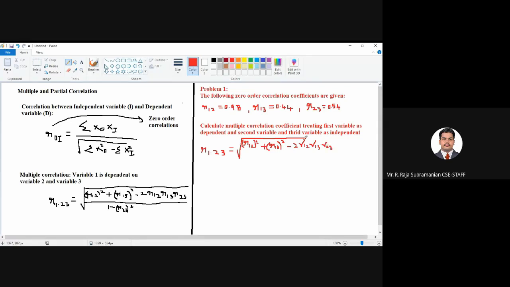Have these formulas in mind as much as possible; you should be able to calculate this within 1 to 1.5 minutes.